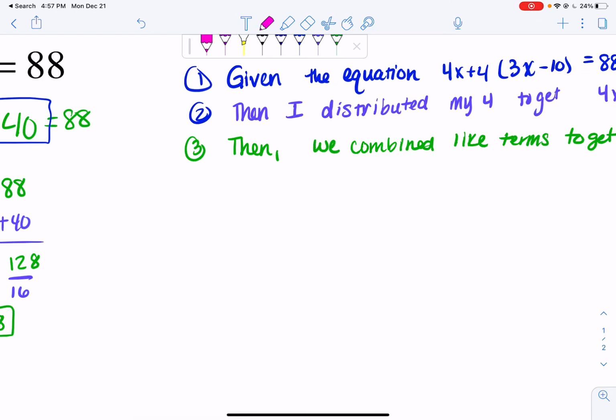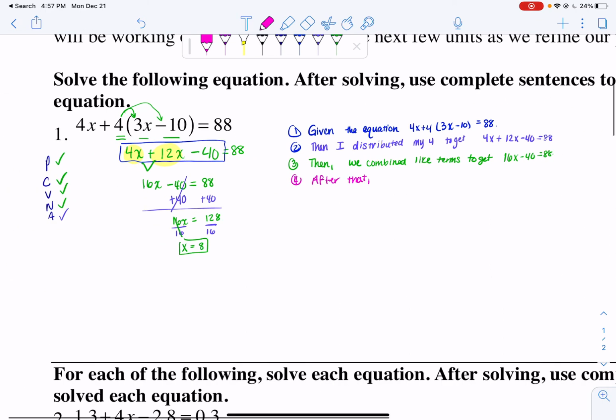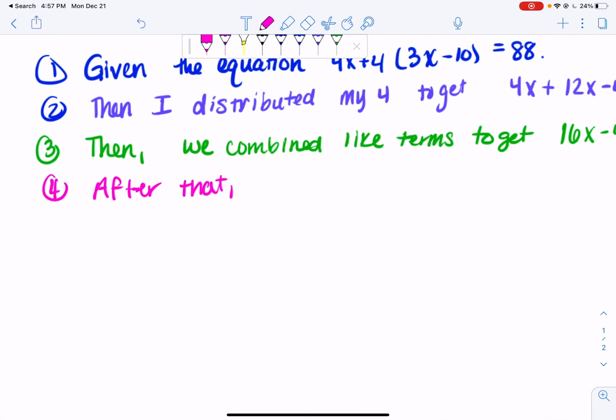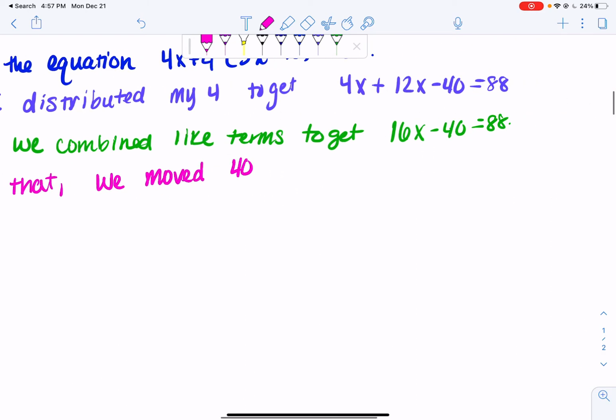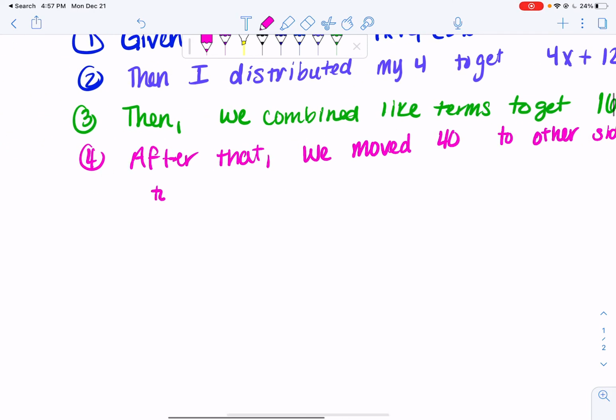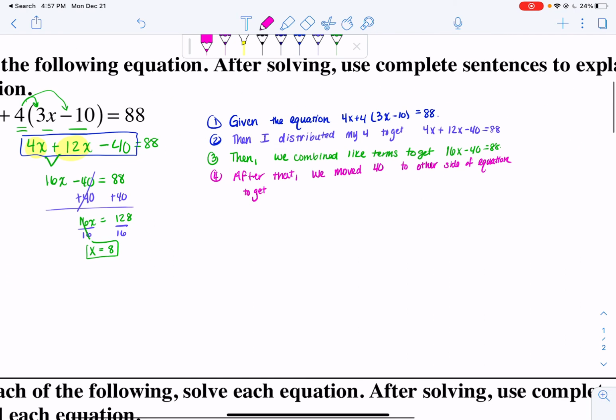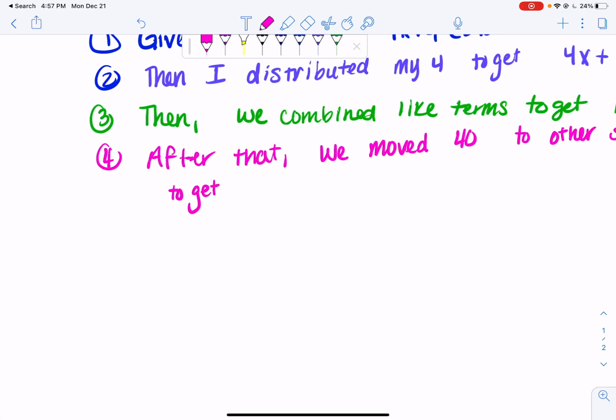Let's change up our word now. After that, we moved our 40 to the other side of our equation. To get, what did we get? We got 16x equals 128.